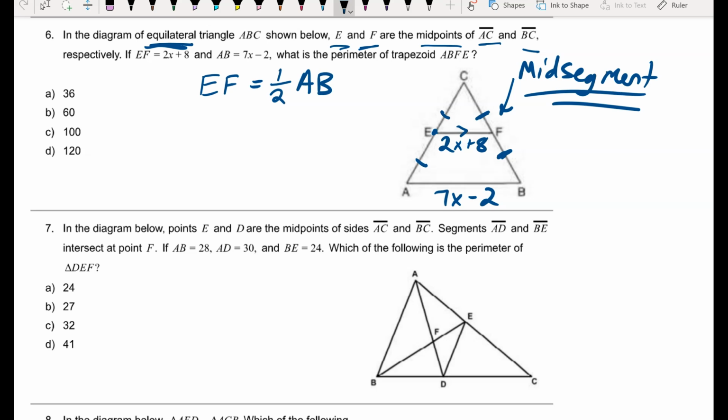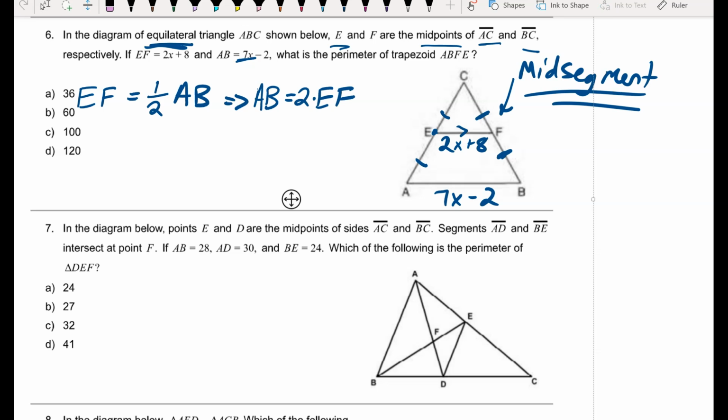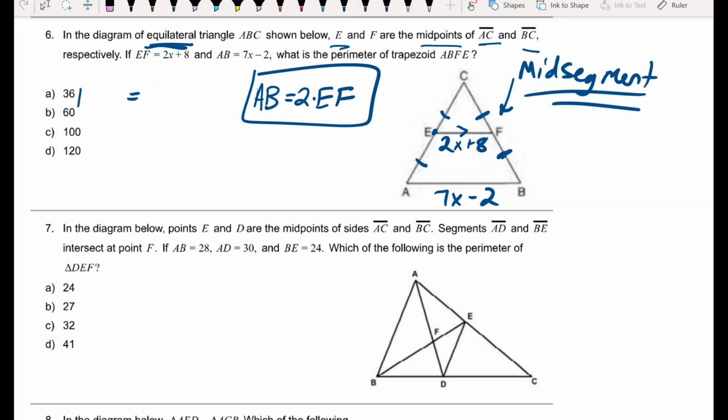So this could be one relationship we use here, but think about if the smaller piece is half of the big piece, it's also true that the big piece is twice the length of EF. I'll move that over a little bit so it's easier to see. To me, this is an easier equation to work with because I don't have any fractions, so algebraically it might make it a little bit easier.